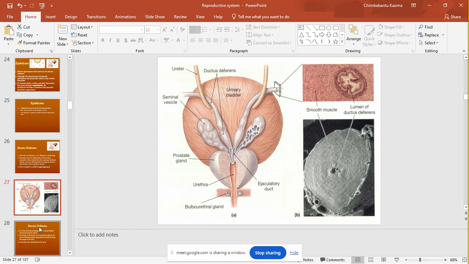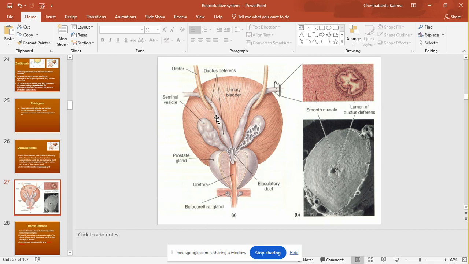So the position is you're looking at somebody from the bum, and you have the bums above you, like that. So you can see that what we are looking at posteriorly is the back of the urinary bladder, and inferior to the urinary bladder we've got the prostate, and you can see that we've got two ductus deferens.